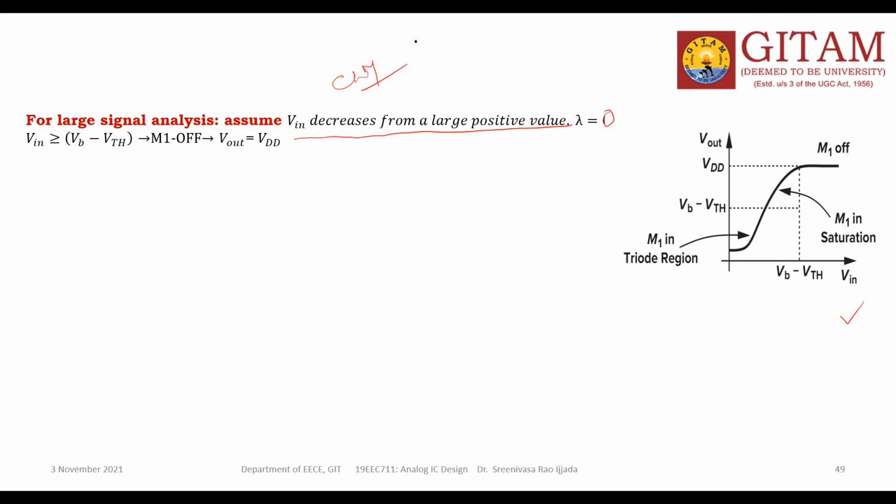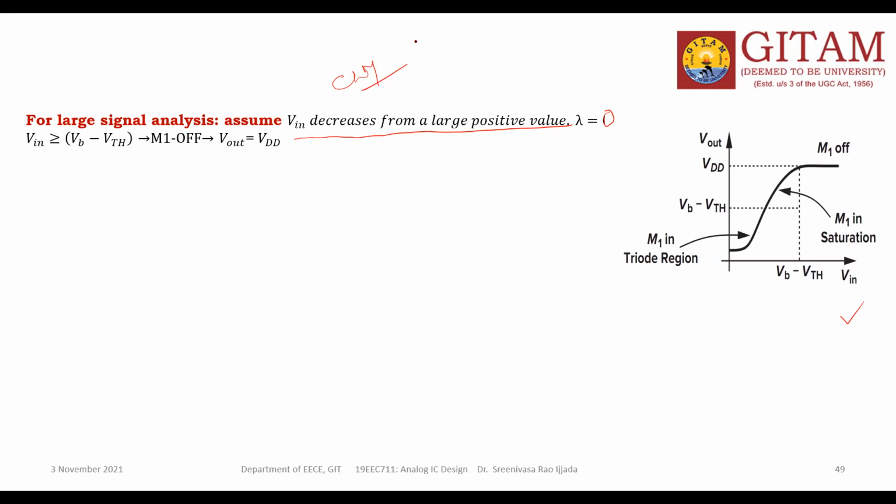VTH is the device threshold voltage and VB is the fixed voltage applied to the gate for biasing purposes. Whatever input voltage is applied, whether at the source or elsewhere, it must be compared with the difference of the fixed voltage and the threshold voltage of the device.